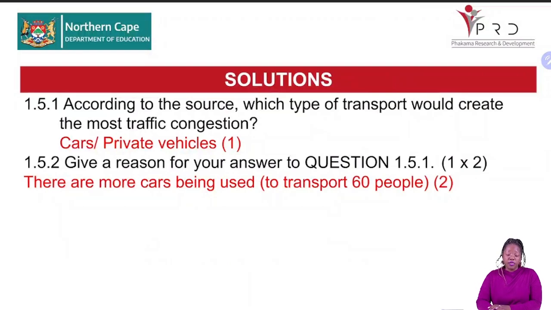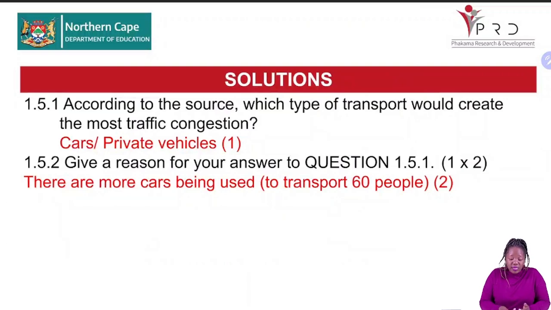So according to the source, remember it says there, the cars or the private vehicles are the ones causing more of the traffic. Because remember, you will have one person inside the car, whereas at the minibus taxi or the buses, they take 60, the minibus, they take 15.